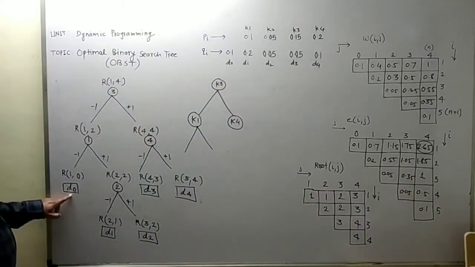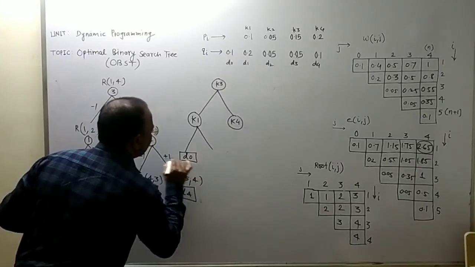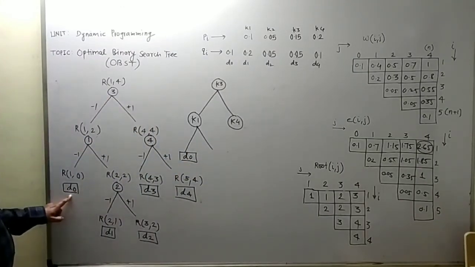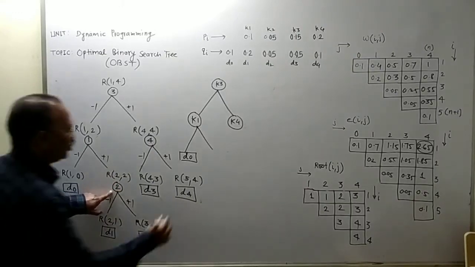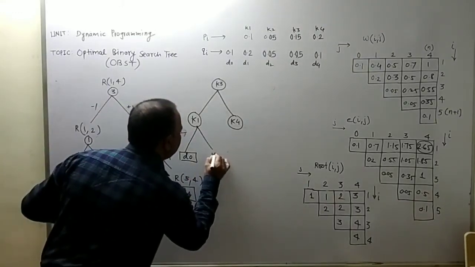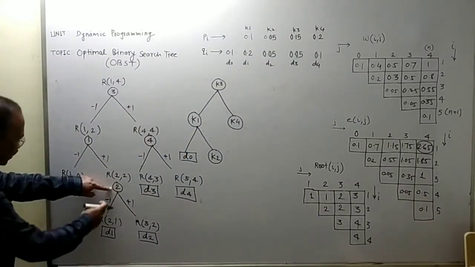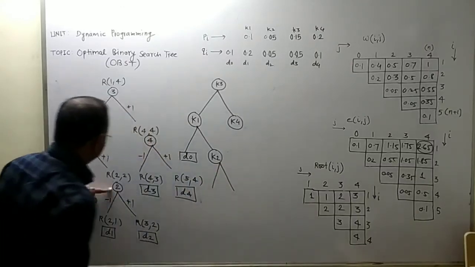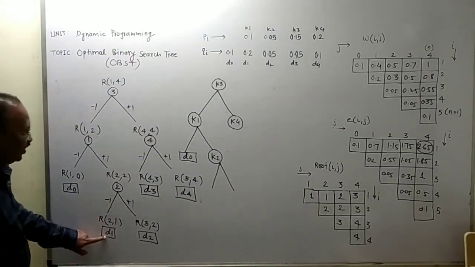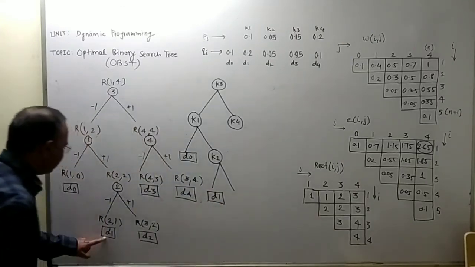Here D0 means we have the D0 dummy key. On this side we have 2 in a circle, so we have K2. Now expand this K2. Here is D1, a dummy key.